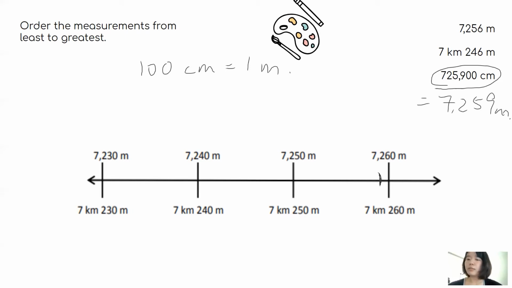Let me use another color. Okay, it's for 725,900 centimeters. And for the first number, 7,256 meters, I know this number is going to be between 7,250 meters and 7,260 meters.